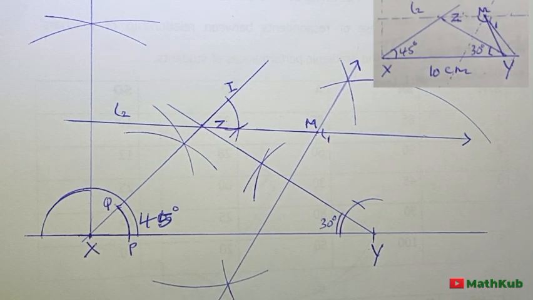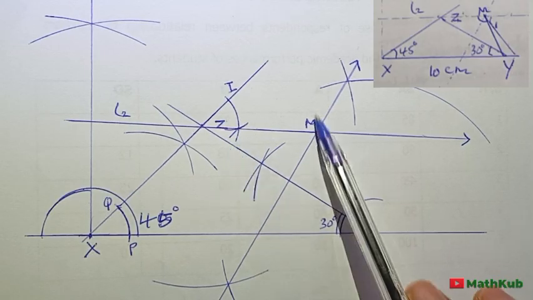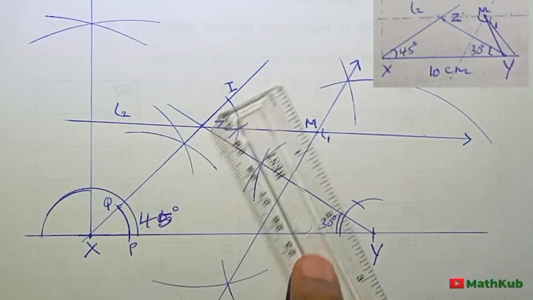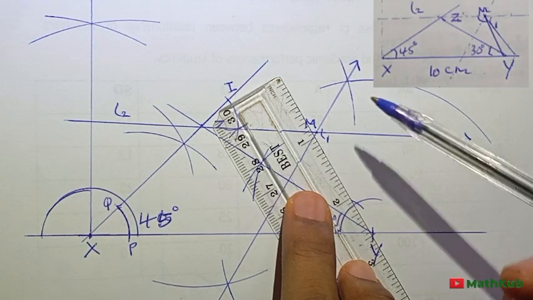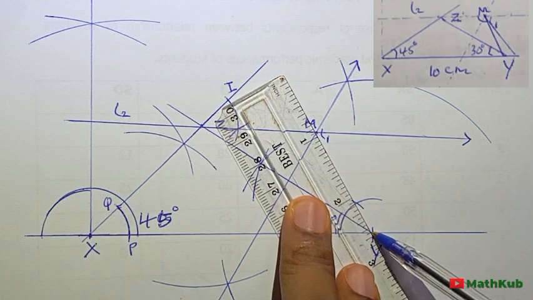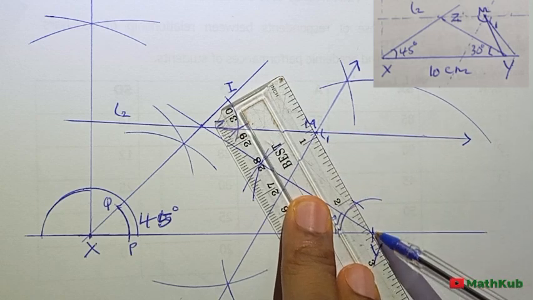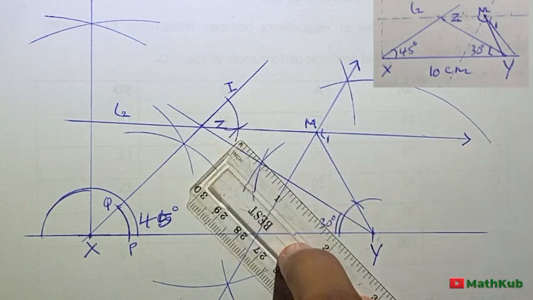Now we are to measure angle ZMY. But for us to measure angle ZMY, we have to draw a line and produce from M to Y. So this is our line.